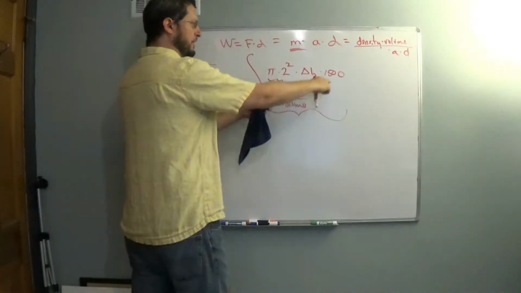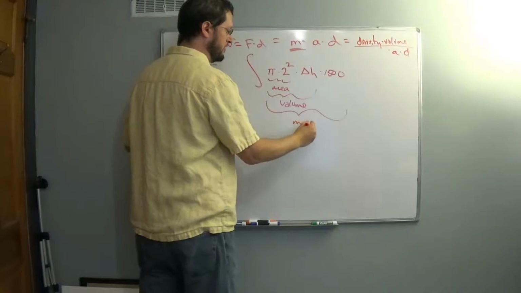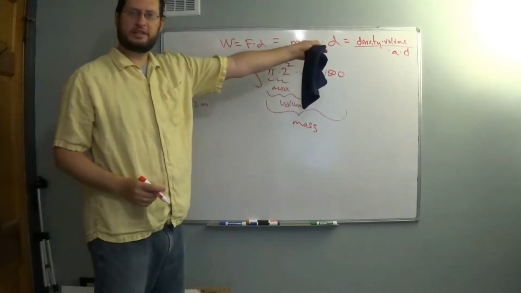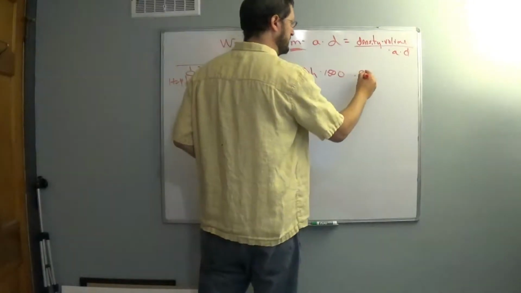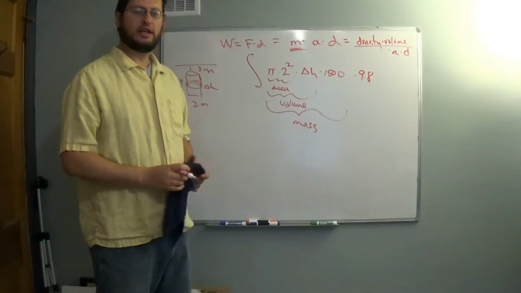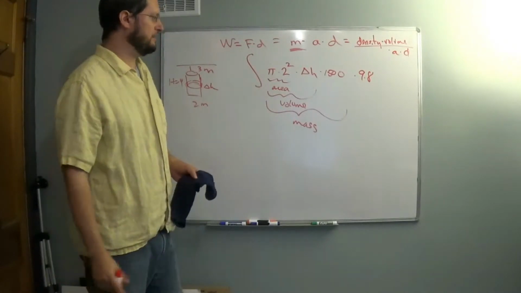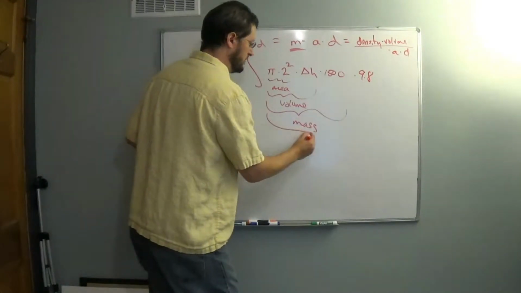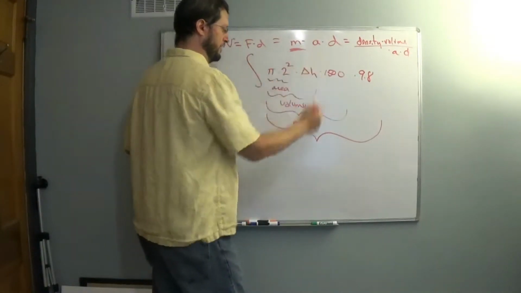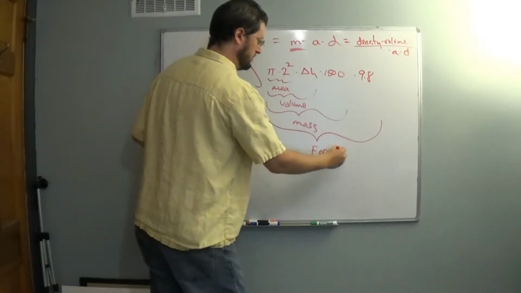That's volume times density is the mass, and then multiplied by acceleration. Acceleration due to gravity in the kilograms and meters unit system is 9.8. So this then, mass times acceleration, is force.